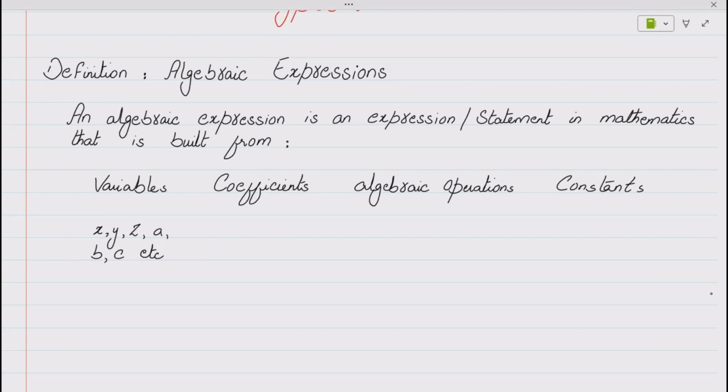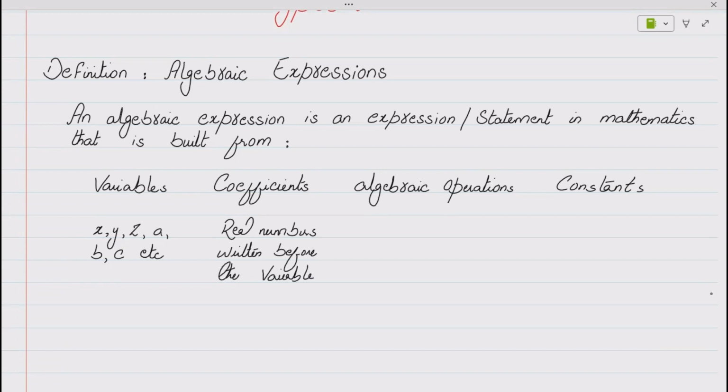Now, let's see the second concept, which is coefficients. So what are coefficients? Coefficients are nothing but the real numbers that are written before the variables.